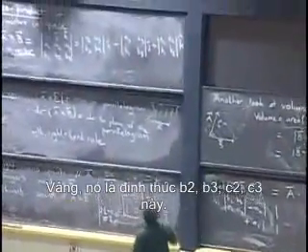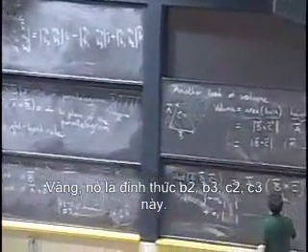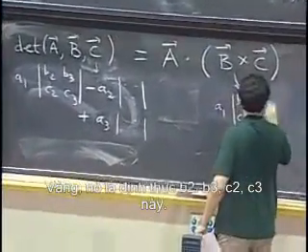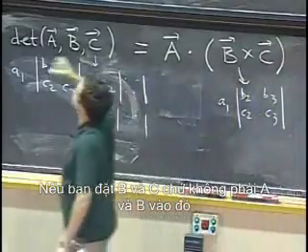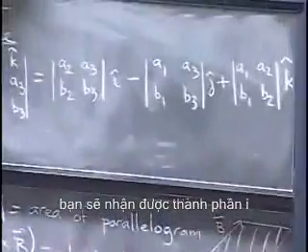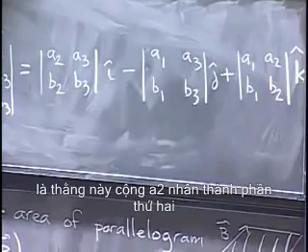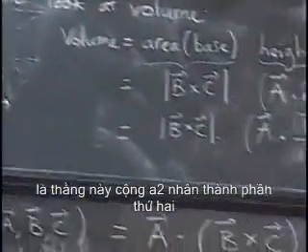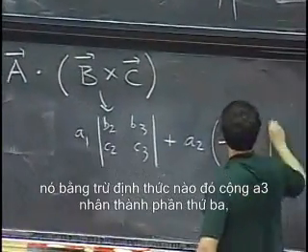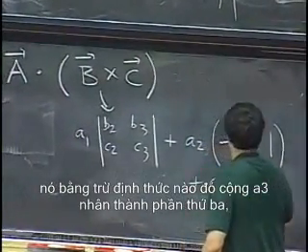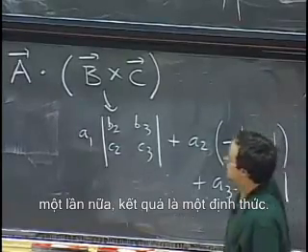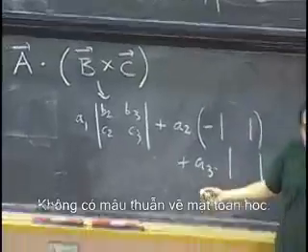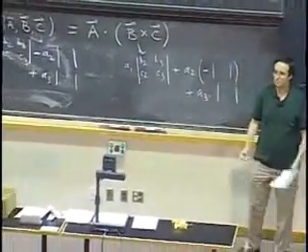Well, it's this determinant B2, B3, C2, C3. Right? If you put B and C instead of A and B into there, you will get that the i component is this guy. Plus A2 times the second component, which is minus some determinant, plus A3 times the third component, which is again a determinant. And you can check to get exactly the same expression. So everything is fine. There's no contradiction in math just yet. Okay?